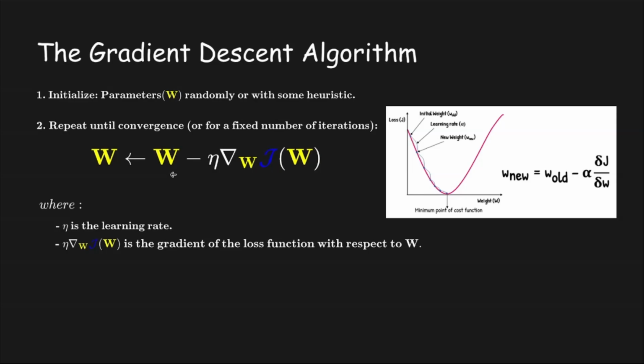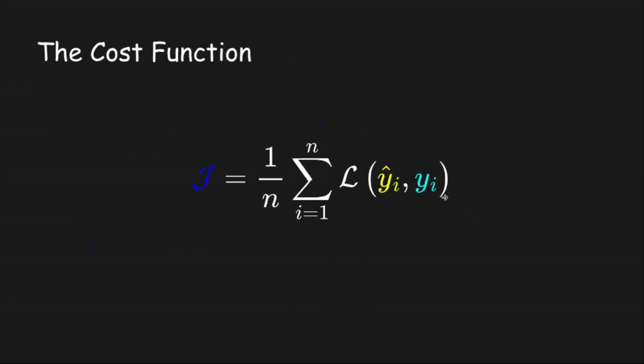So what does convergence mean? Convergence means that we have reached the local minima, or somewhere close to the local minima. We never really reach the exact local minima, because if your loss is very low, it kind of means that you have overfitted to your data as well.